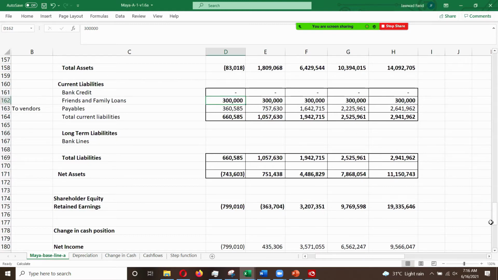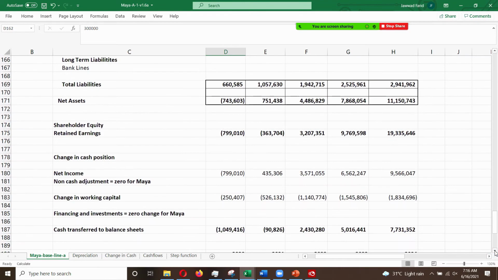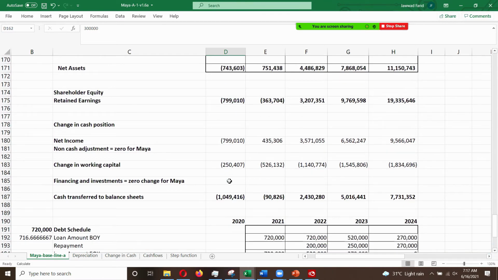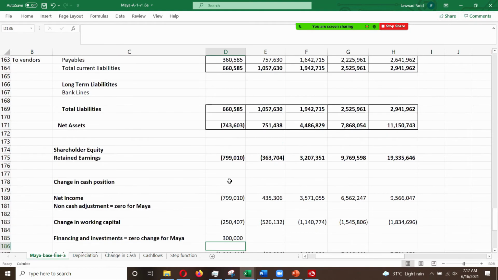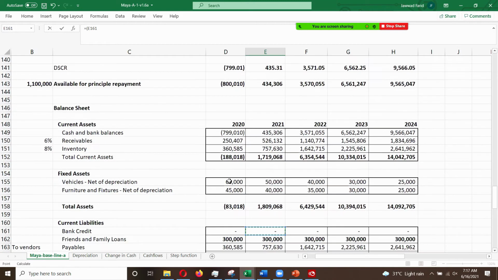So what we do is we go back here and we say, let's see, this part is essentially going to be this number, because this is the starting point for our projections. But every year that follows after this point, it's going to be this minus this.